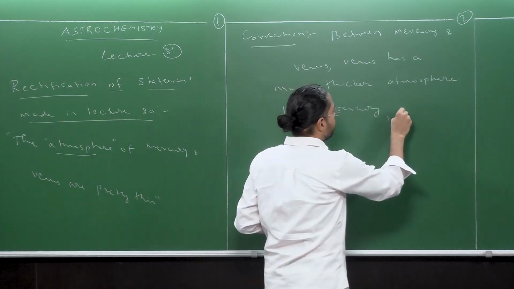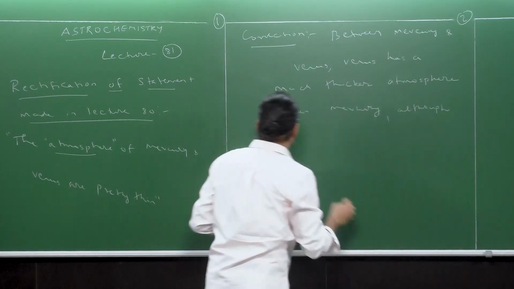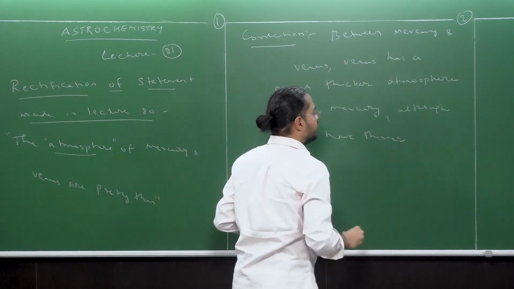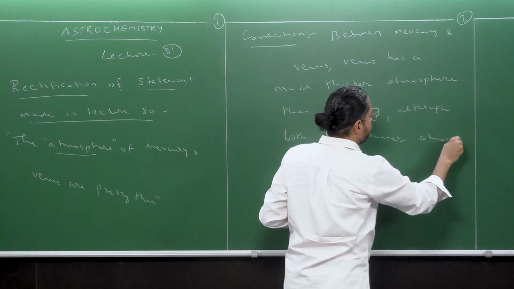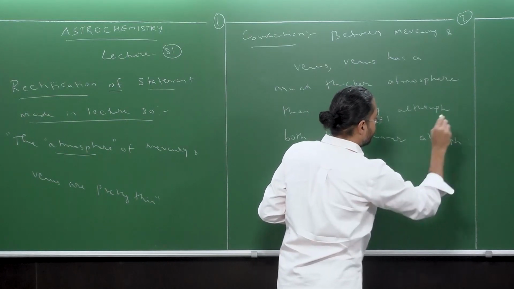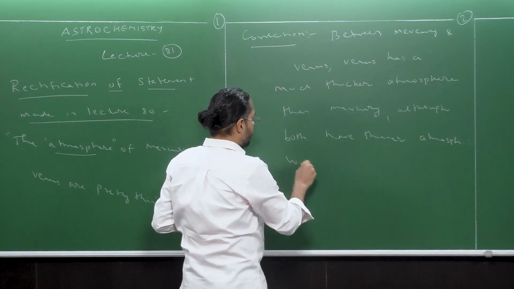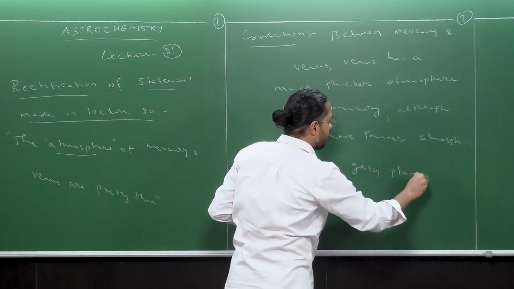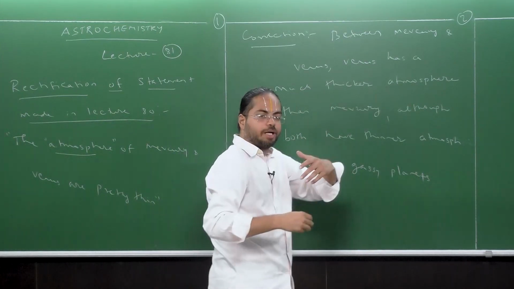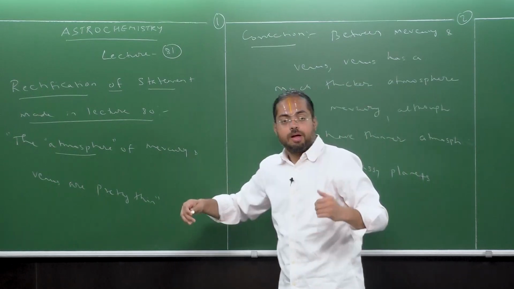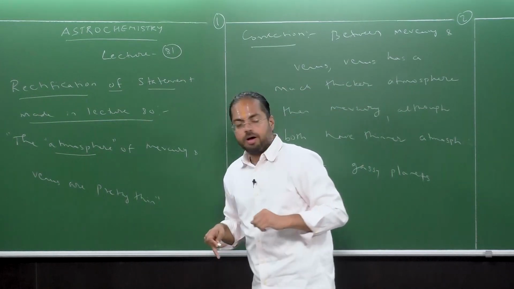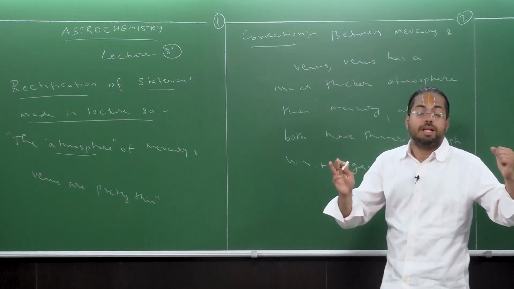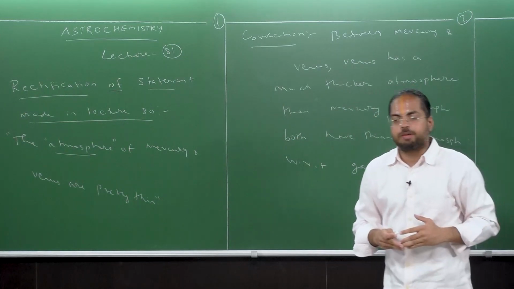Although both have thinner atmospheres, this is with respect to the gassy planets. I'm talking about Jupiter, Saturn, etc. There is a nice scientific fact and reason behind this correction. This statement was correct with respect to the gassy planets, but between them there is a huge difference in the atmosphere of Venus versus the atmosphere of Mercury.